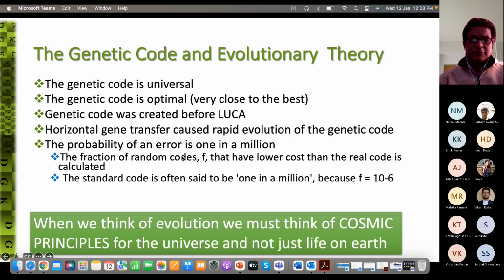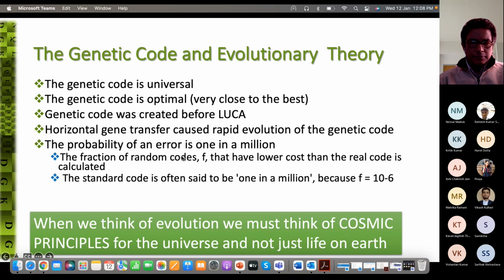We find that if we really wanted to change that code, it's not so easy to do because the entire evolution has supported this code, and any change would essentially be a disruption in the process of converting the information from the DNA to the proteins and so forth. So that would essentially cause a disruption.